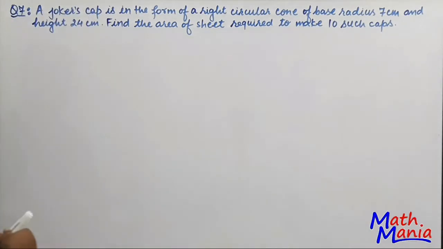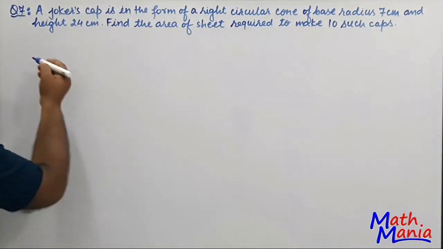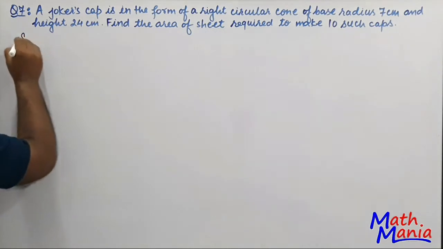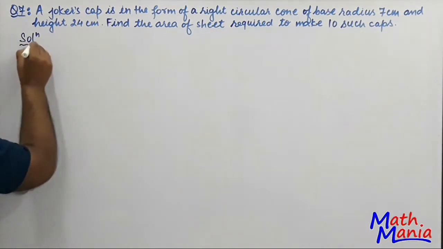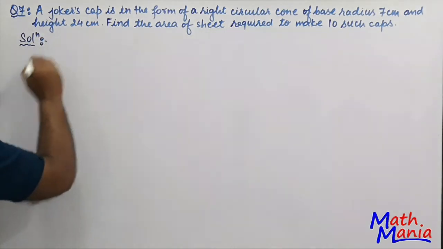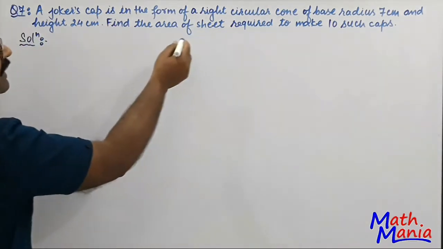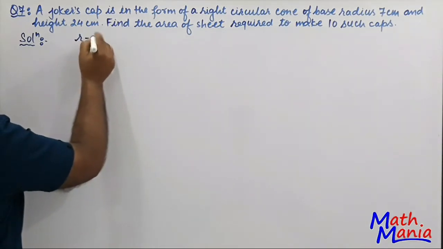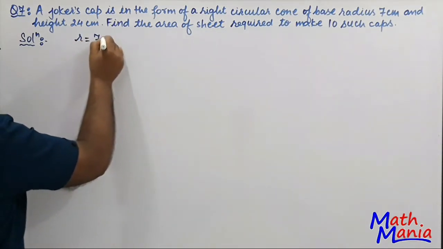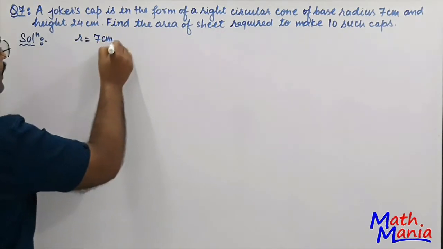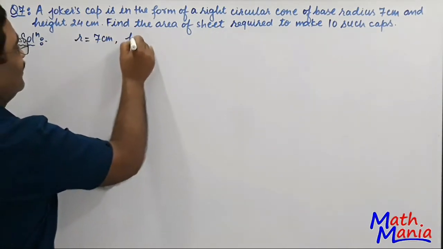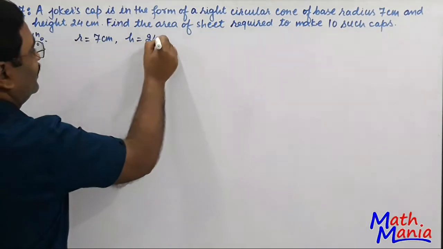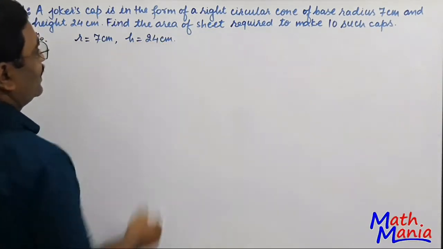For the solution of this question, its radius of base r is equal to 7 cm and its height is given as 24 cm, right?